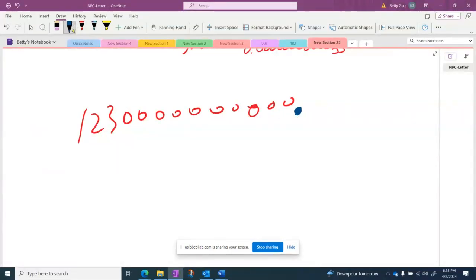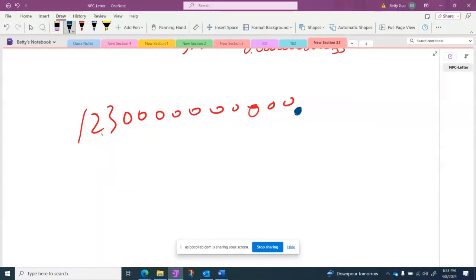If we place the decimal point here, we get 123, that will be too large. No, we need a number bigger than or equal to 1 and smaller than 10. So we can't place the decimal point here.